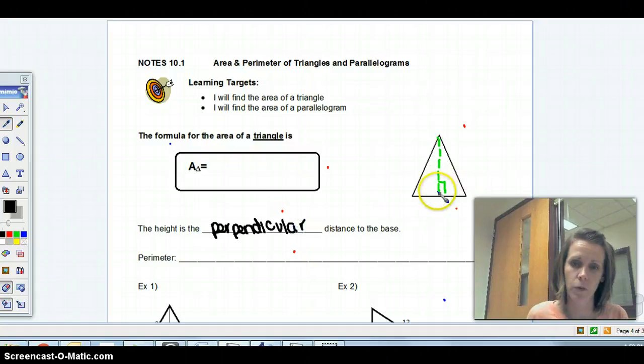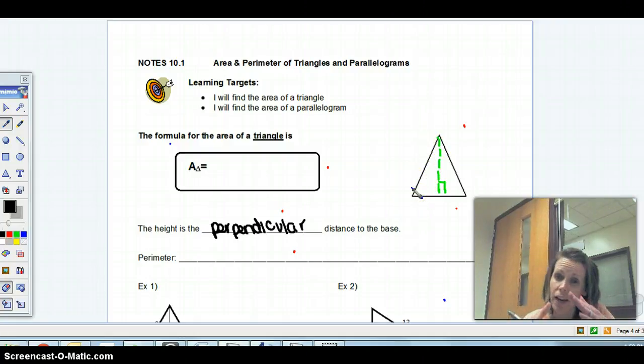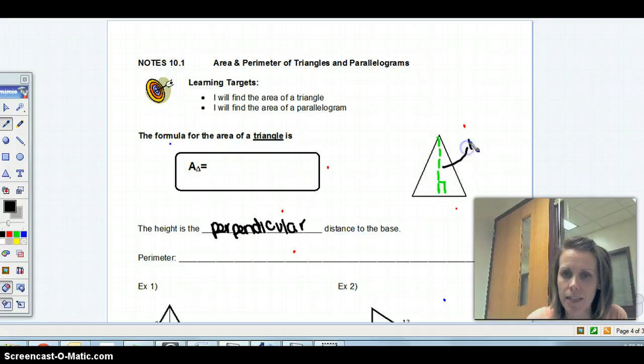Perpendicular forms a right angle, and it's going to be the straight up and down. A lot of people think, oh, this is the height. Like think of your roof. The height of your roof actually isn't that slant height. It's actually the straight up and down if you were to draw from the peak to the bottom. So this is going to be the height.